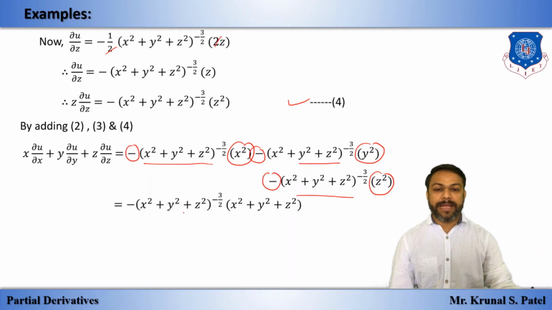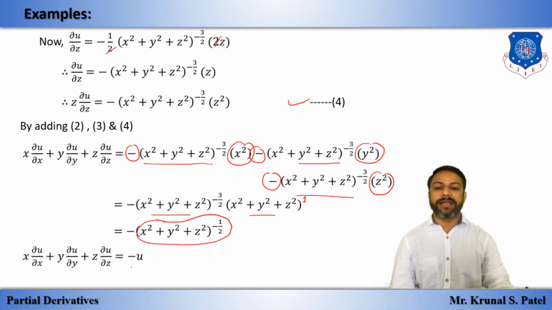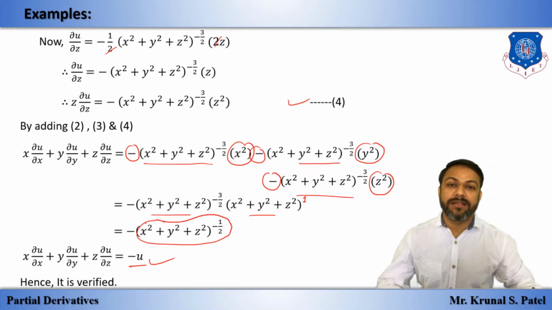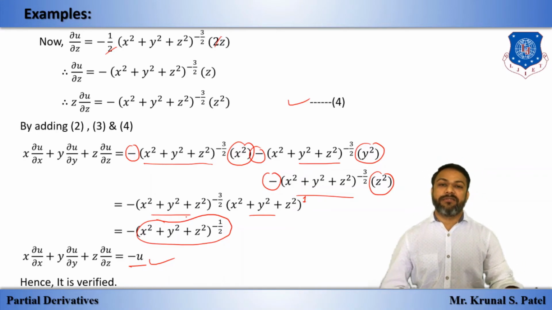The base is the same, so adding the powers, minus 3 by 2 plus 1, we get this, and we know this is our given function u, so we have minus u, and hence Euler's theorem is verified. So you have to apply this step when verify is mentioned. If it says verify Euler's theorem, then do this; otherwise there is no need.